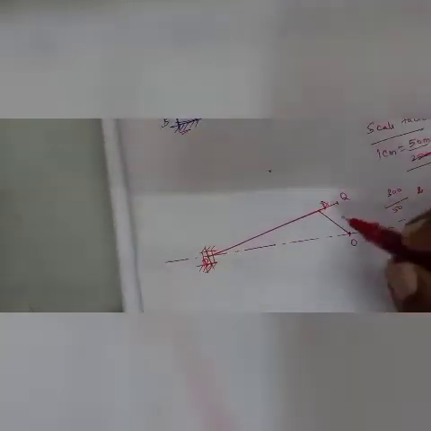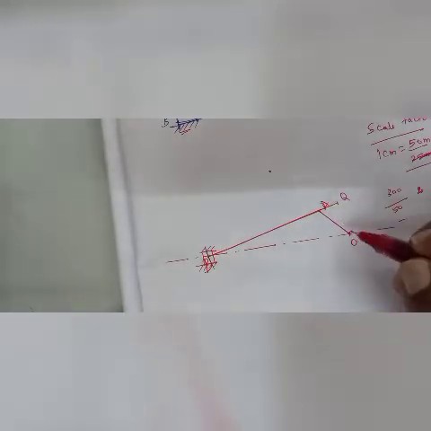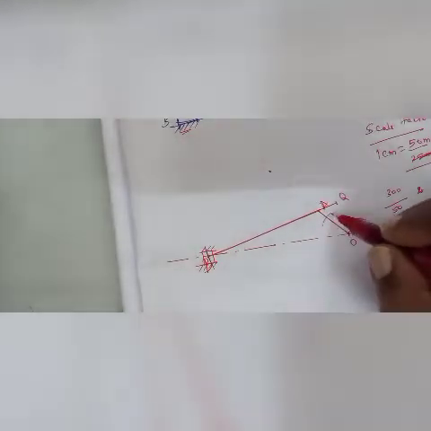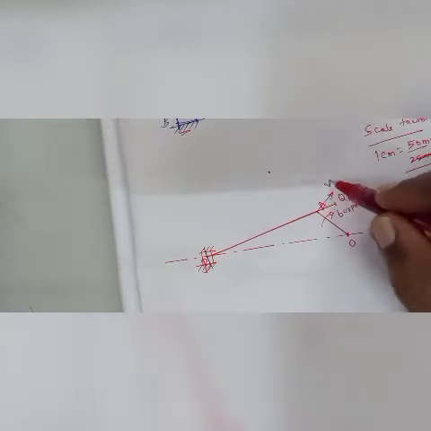Now we are going to calculate the linear velocity of crank OA, which is rotating at 60 rpm clockwise, so the perpendicular line will be in this direction. The perpendicular of OA will be in this direction, velocity of OA, right?